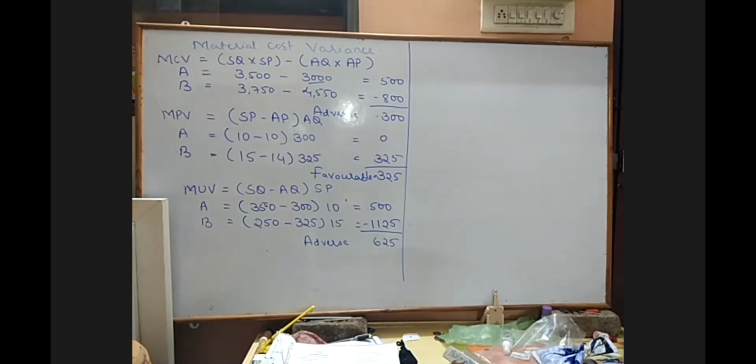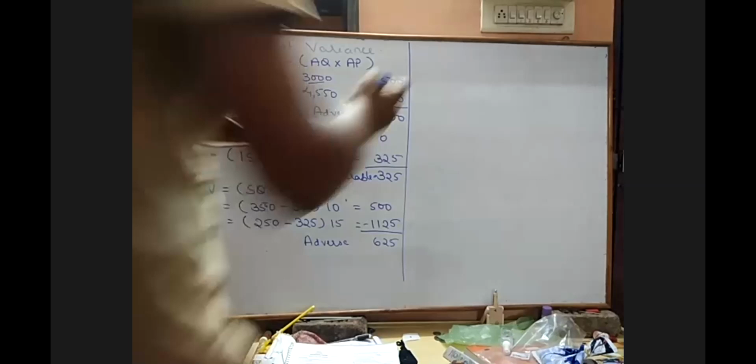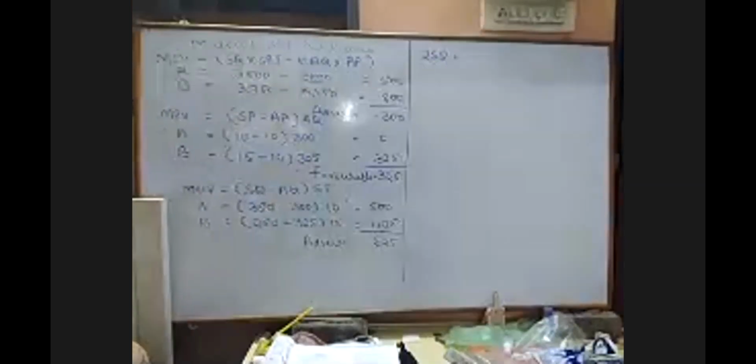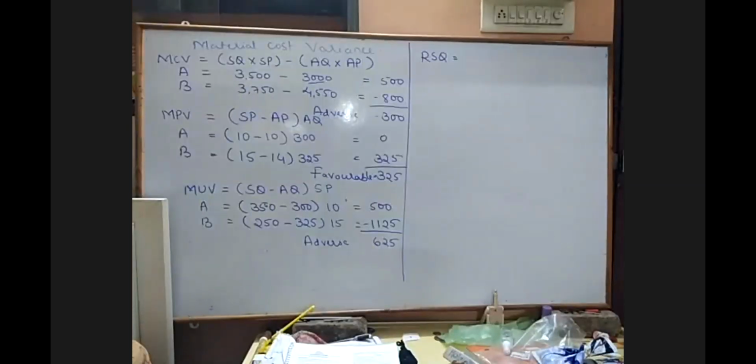Then the material mix variance formula is, first we need to calculate revised standard quantity. So what is the revised standard quantity formula?